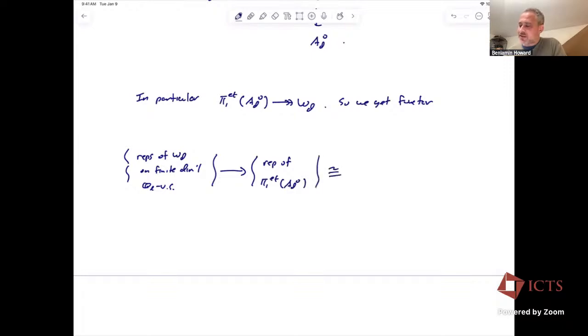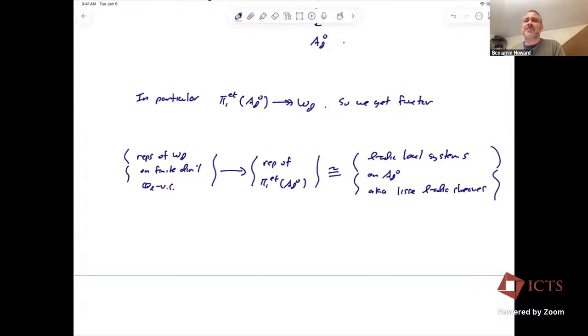But representations of the Étale fundamental group are the same as L-adic local systems on AD circ, aka, at least, L-adic sheaves. So we've got a machine that eats representations of this perfectly nice finite group and spits out sheaves on this open dense subset of this one open and closed substack of the Hitchin base.